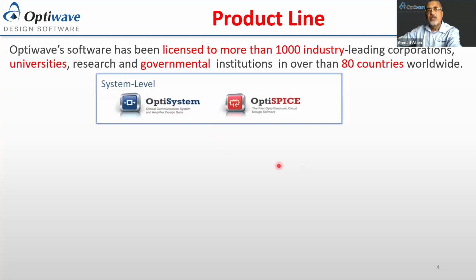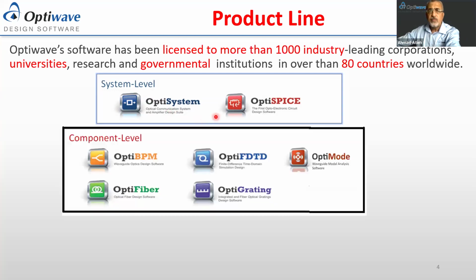Our main products are categorized in 3 categories. At the system level, we have 2 software packages: OptiSystem and OptiSpice. These 2 software packages can talk to each other, and you can design different devices, photonic systems, optical networks, and so on.